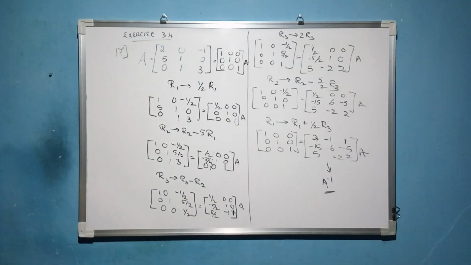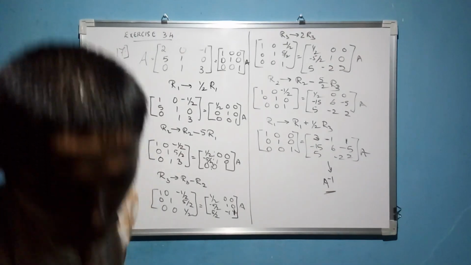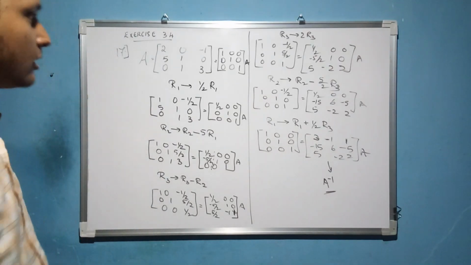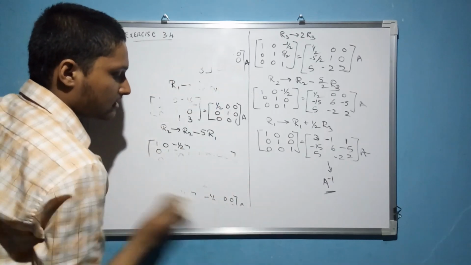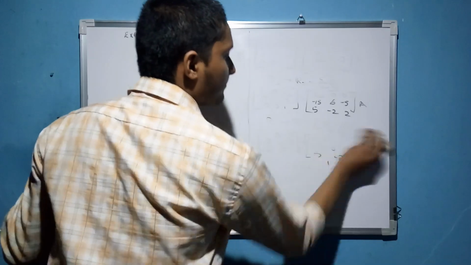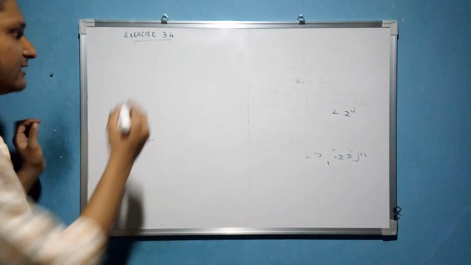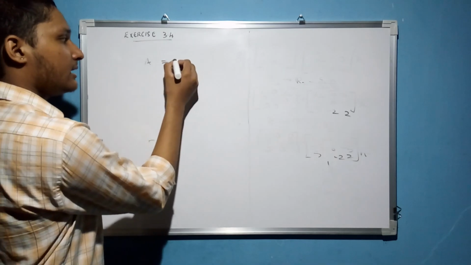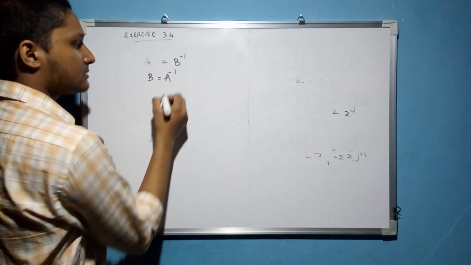At last, you have the 18th question, an MCQ, wherein you are asked to find something relating to matrix multiplication itself. The question says A and B are inverses of each other, A is B inverse and B is A inverse. That is the meaning.